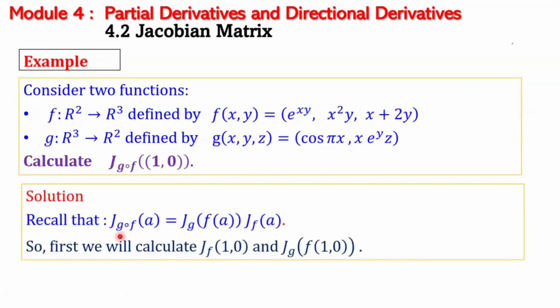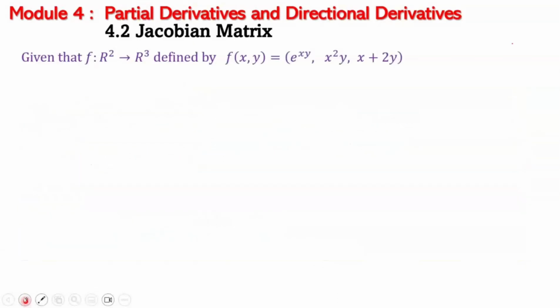We recall from the previous theorem that the Jacobian of this composition is the Jacobian of g at f(A) multiplied by the Jacobian of f at the point A. So first we calculate the Jacobian of f at the point (1, 0), and then we calculate the Jacobian of g at the point f(1, 0).